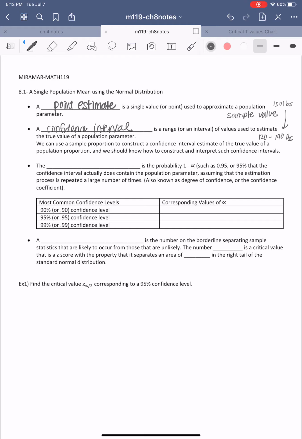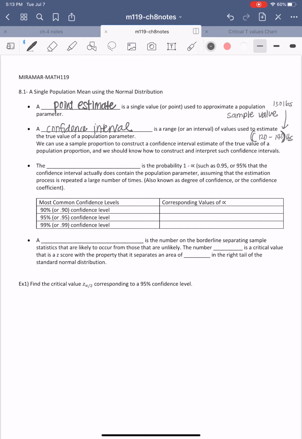We cannot really say it's exactly going to be 130 for the entire population because, of course, there are more people in the population. So we build this range interval. Sample of 1,000, we got 130 pounds. But the entire population should be around 120 to 140.